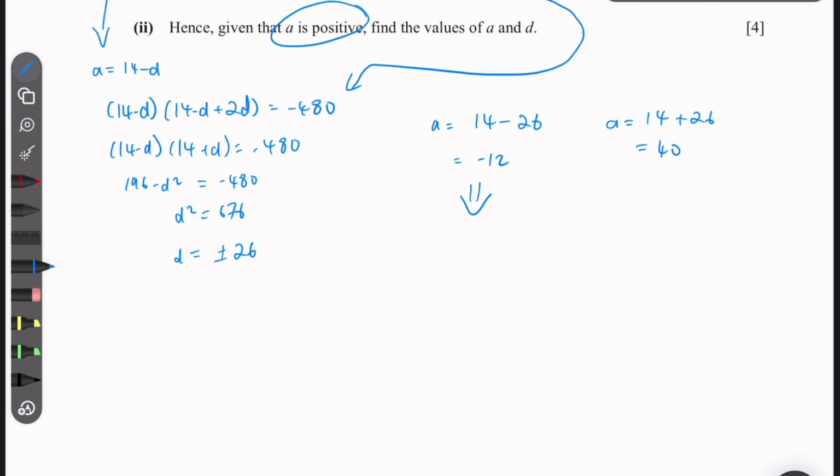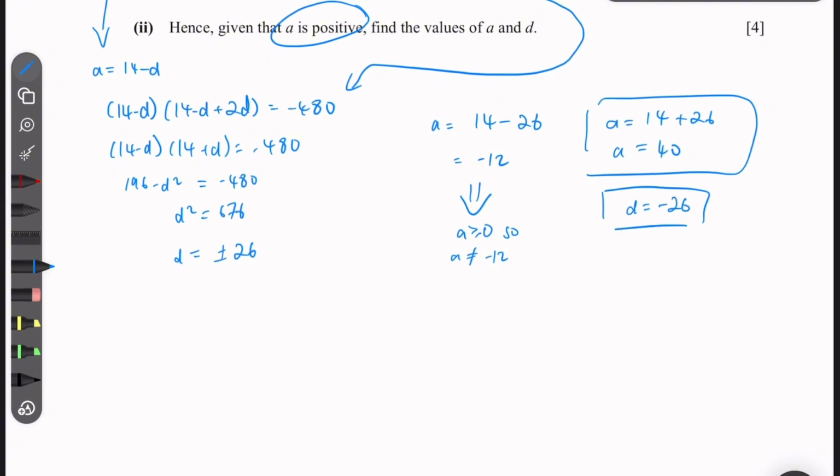Okay, so this part is not correct because a has to be positive, so it cannot be minus 12. And this is the correct answer because it's positive. Because it's positive, a is 40, and then the corresponding d value would be minus 26. So this is the answer.